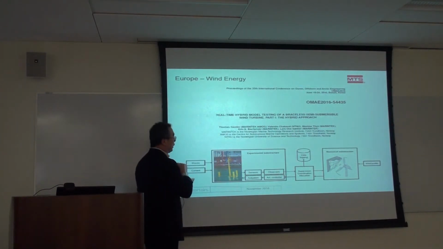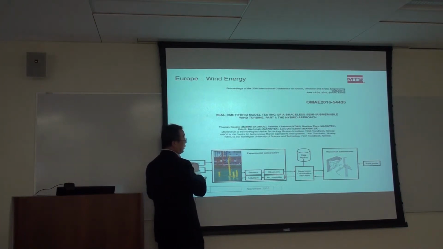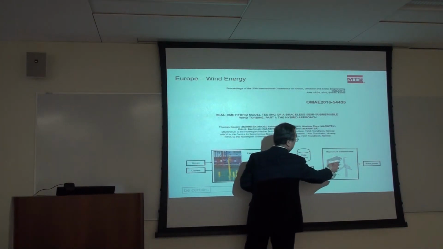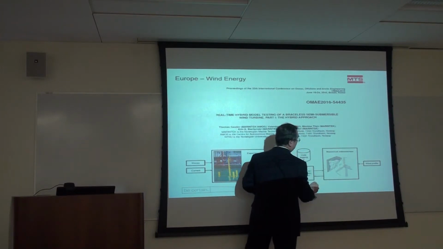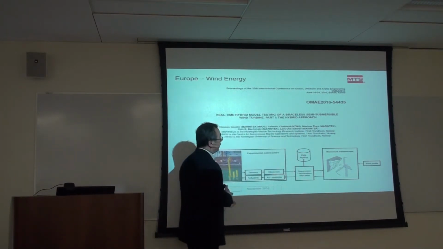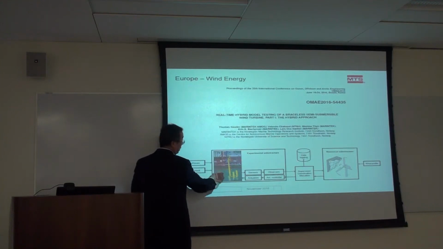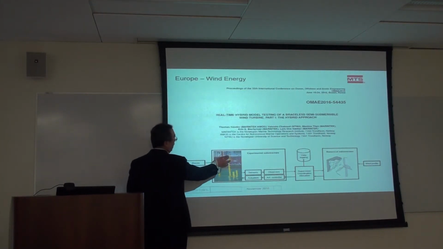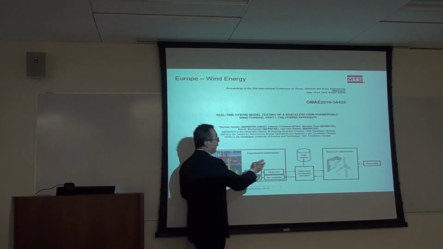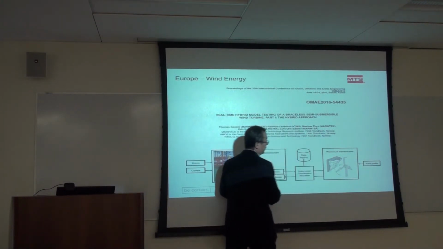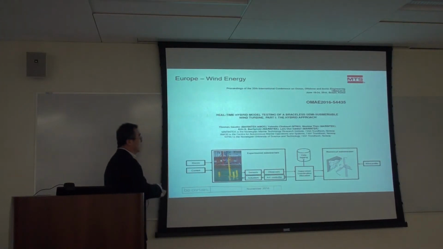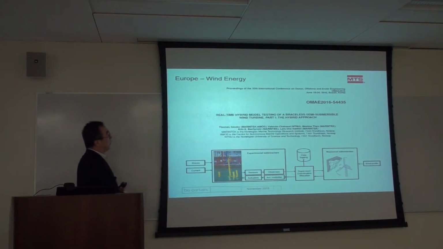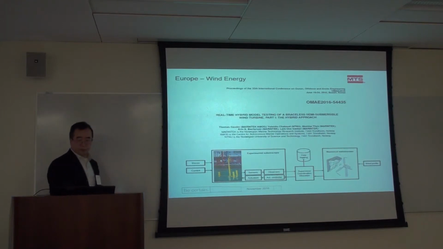The numerical substructure is the blade, tower, and loading, and the physical substructure is a partially submerged tower structure. Actuators are applied here to apply the load calculated by the numerical substructure. So this hybrid simulation was quite successful.